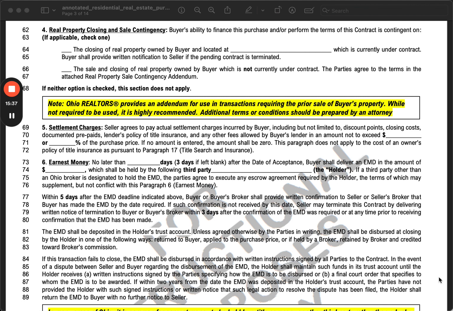This section, line 62 through 68, addresses what we used to have in our form set as a house sale contingency or a house sale concurrency addendum. It is now addressed, the language is addressed right here in the purchase agreement, and we have traded out those two addendums that we used to use with the Ohio Realtors addendum, and that is also available for your use.